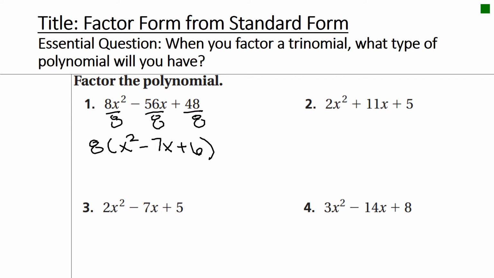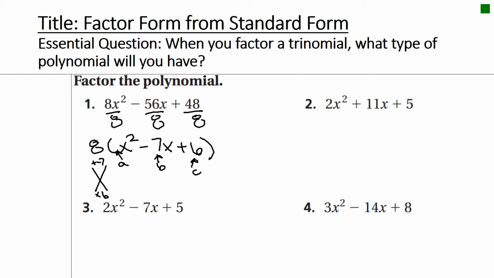Great. Now we're ready to do what we talked about before. Since a here is 1, b is here, and c is here, we can use our diamond method. What plus what is -7, and what times what is 6?